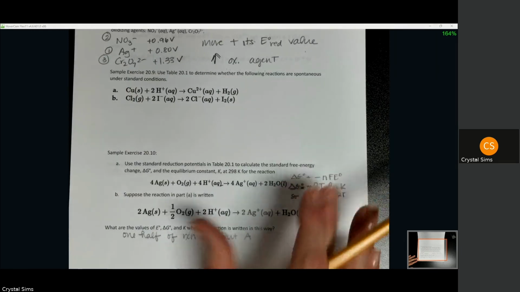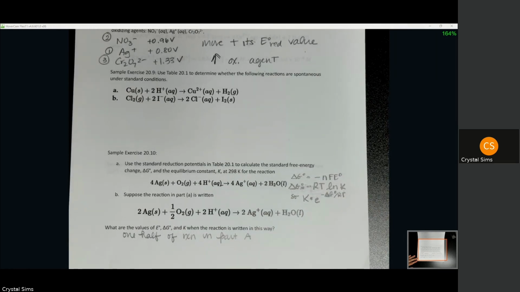Okay. Number 9 wants us to use Table 20.1 to determine if the following reactions are spontaneous. So we're coming back to the idea of spontaneous reactions, looking at Gibbs free energy. And we need to figure out, are they spontaneous or not? The first thing we have to do to solve this problem is to get our half reactions.